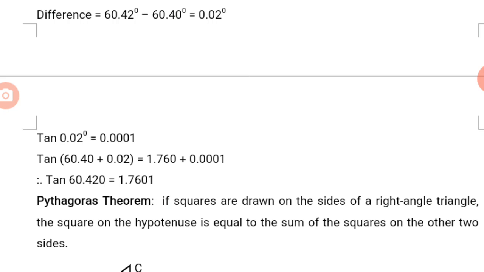Now, we want to look at Pythagoras' theorem. Pythagoras' theorem states that if squares are drawn on the sides of a right-angled triangle, the square on the hypotenuse is equal to the sum of the squares on the other two sides.